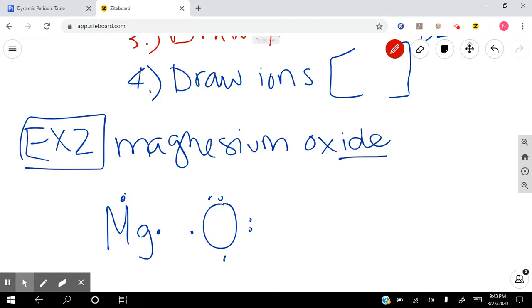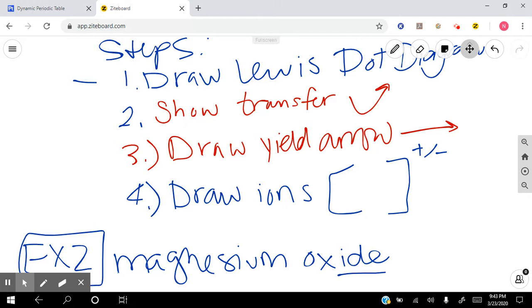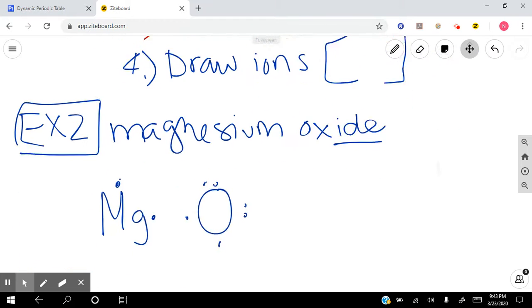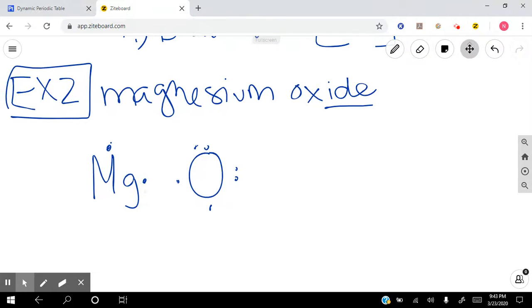This is step 2. Step 2 is to show the transfer. So we're going to show these little arrows. It doesn't matter, I can draw this one going here, or I could draw this one going here. It doesn't matter, because in reality, these atoms are 3-dimensional.